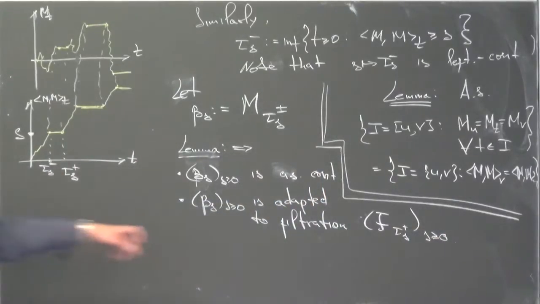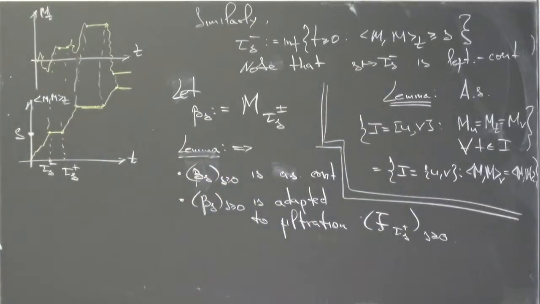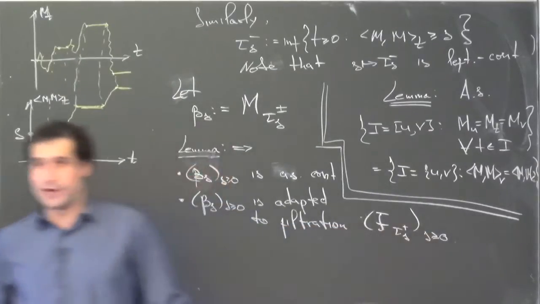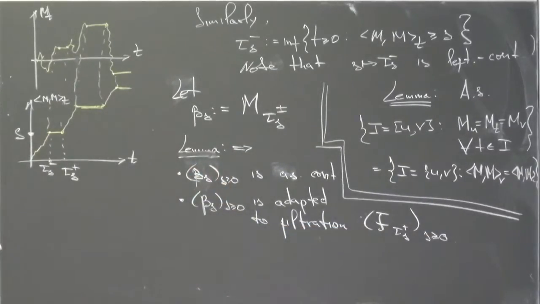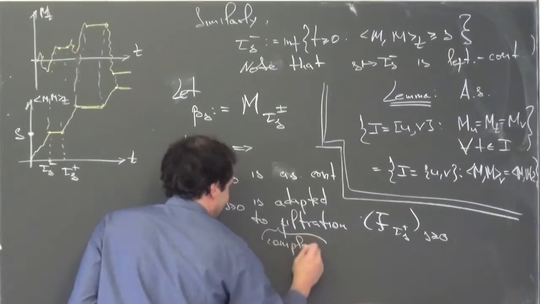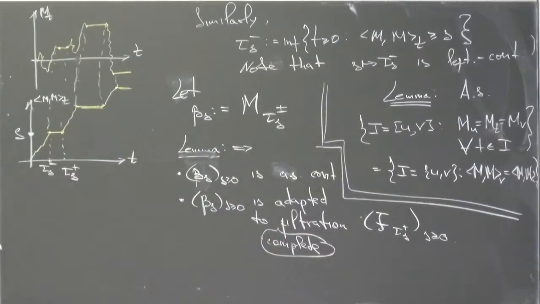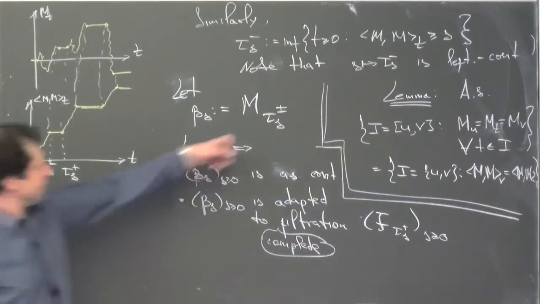Remember that for each stopping time, and this is of course a stopping time, there is a sigma algebra of everything that happens before. So, okay, this is a filtration. And if you are careful with measure theoretical issues, this is actually a complete filtration because of right continuity, because of the definition of this tau plus.